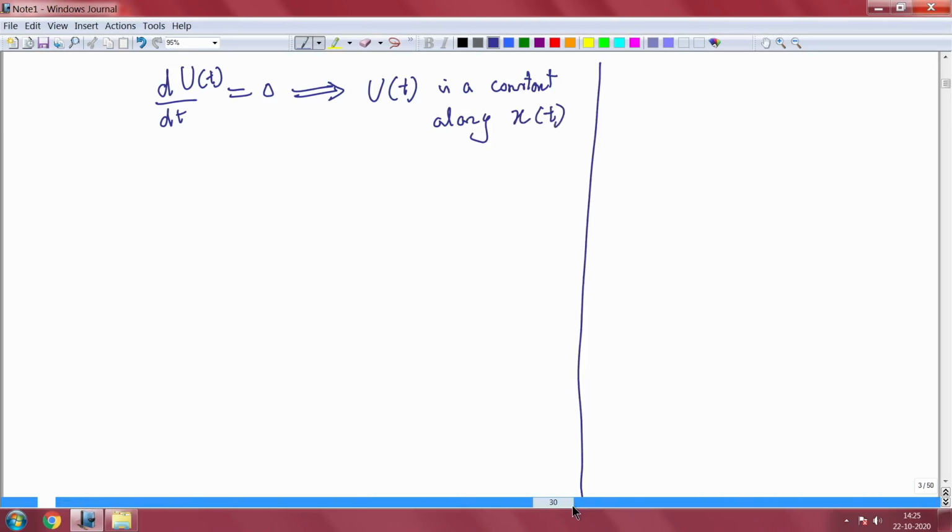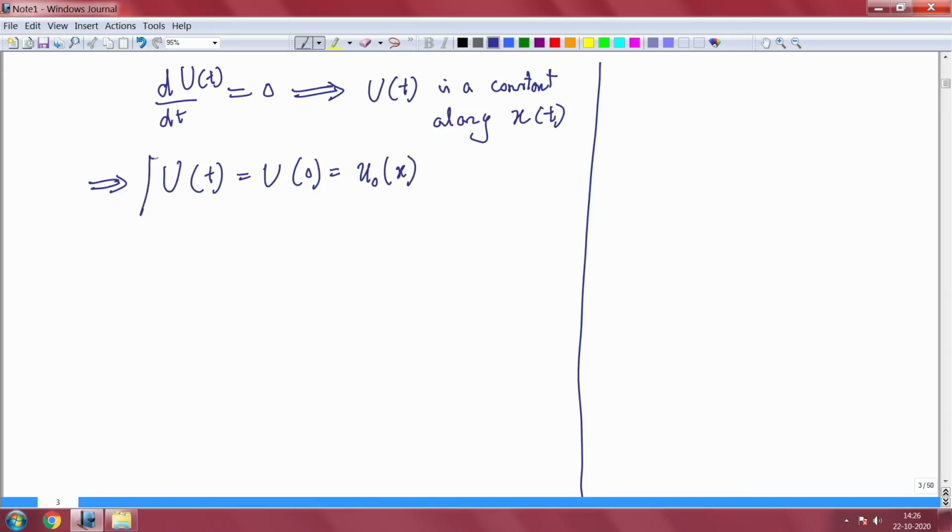So u at t will be u at 0, but u at 0 is nothing but u naught of x naught.